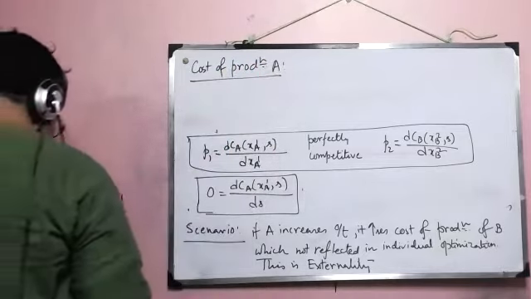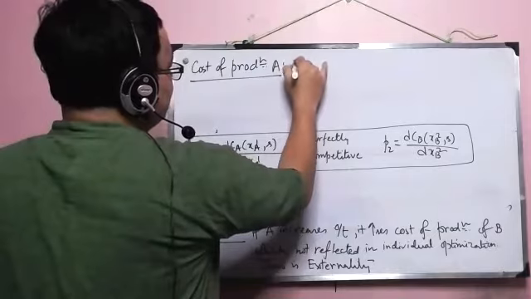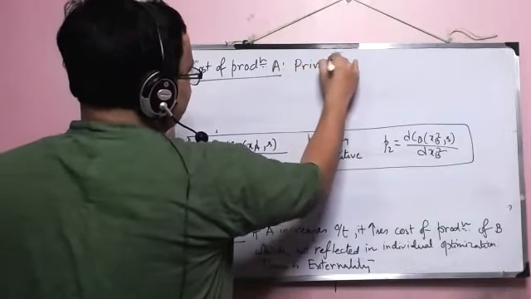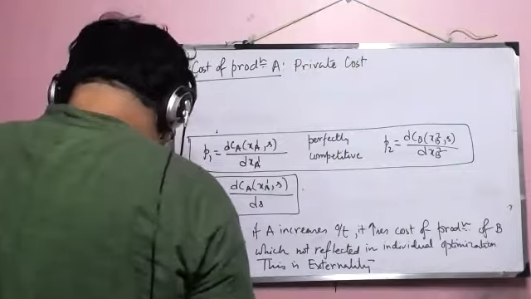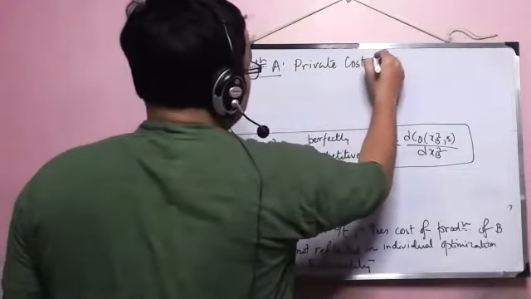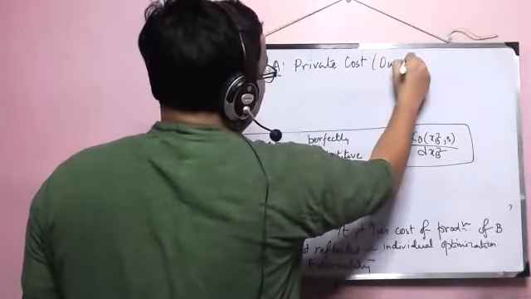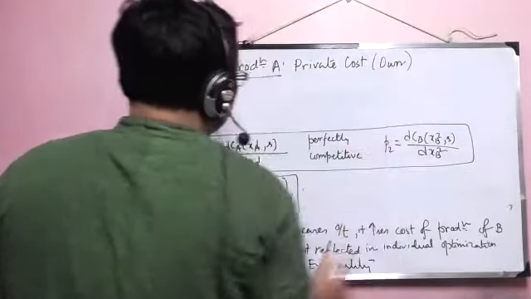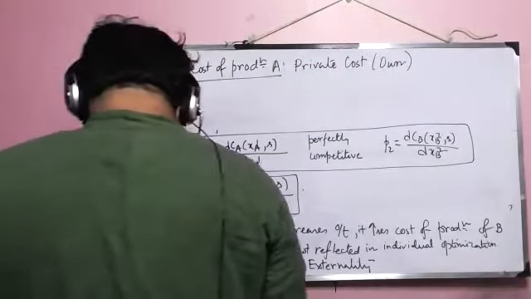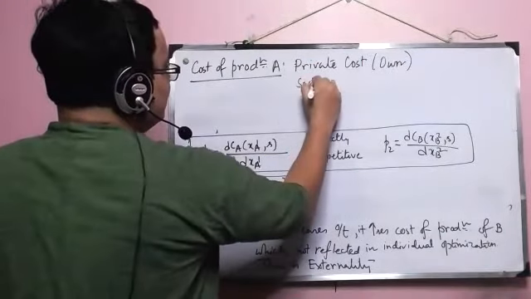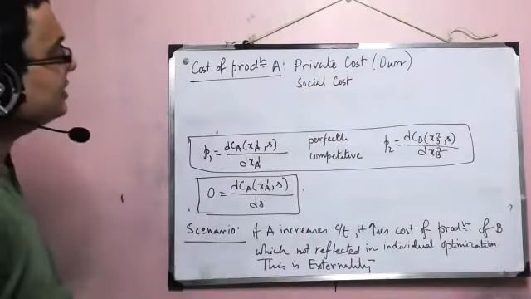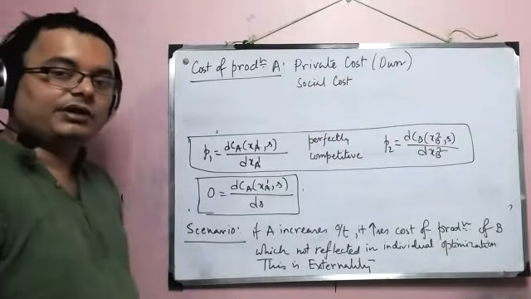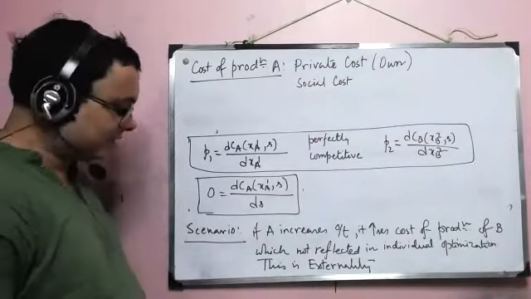Number one, there is a private cost, the burden that is over only A. So private cost, or you can say own cost. And there is the other, which is called the social cost, as I was saying. And by society, here we'll be considering only B, because that's our construction.